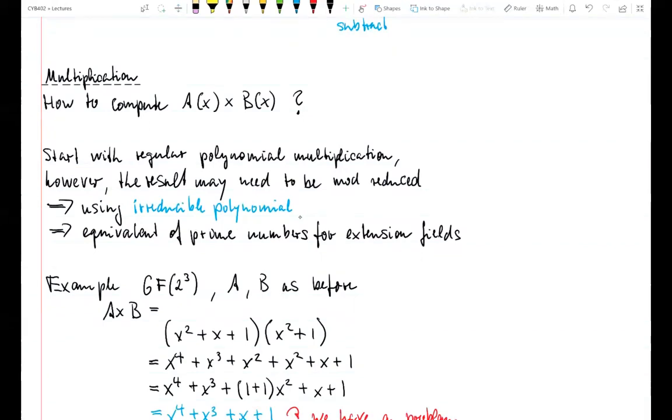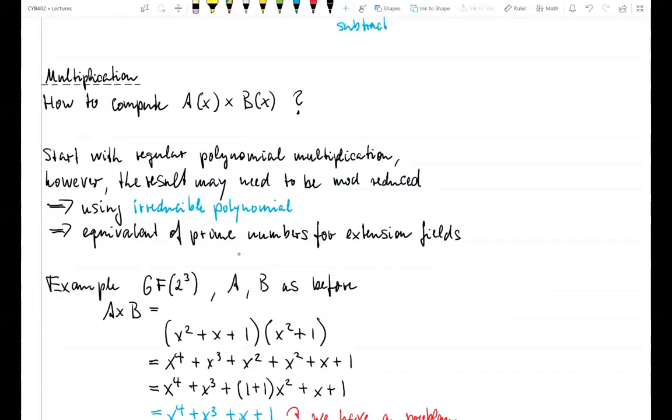And irreducible polynomials are similar in that they cannot be factored by two other polynomials. So in other words, irreducible polynomials in extension fields are kind of the equivalent of prime numbers. In different contexts, you will also see the word primitive polynomials.